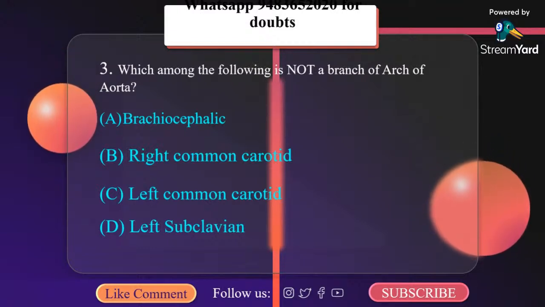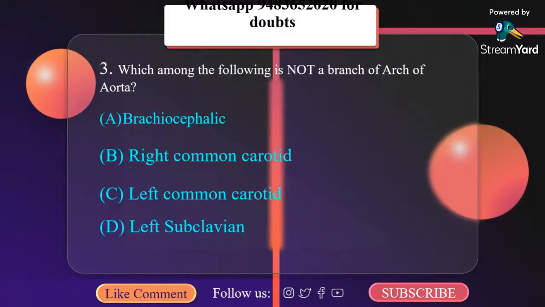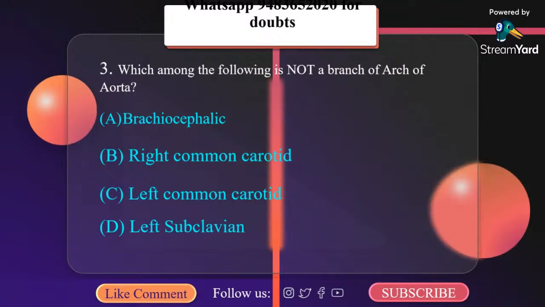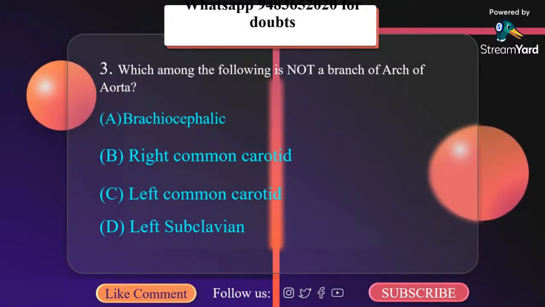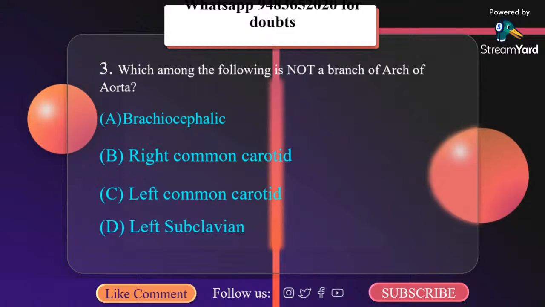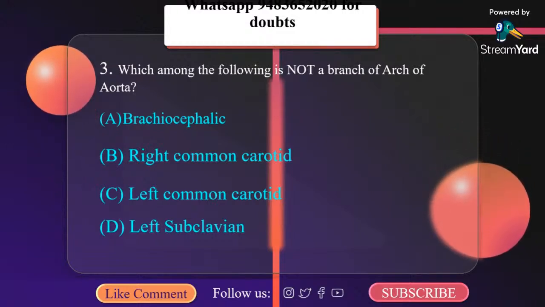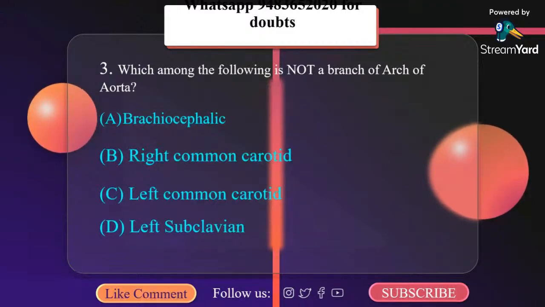Now let us look into the details of arch of aorta. The arch of aorta begins at the level of upper border of second sternocostal articulation of the right side. The branches given off from the arch of aorta are three in number. Number one, brachiocephalic artery. Number two, left common carotid. And number three, left subclavian.